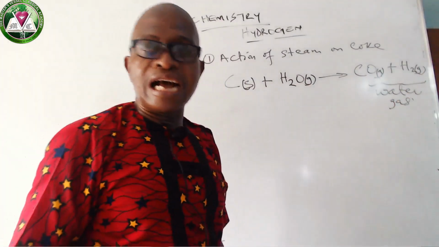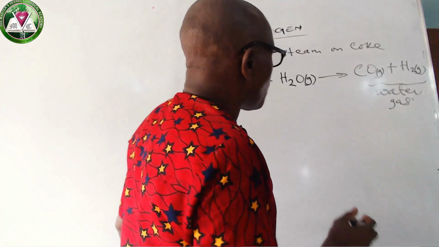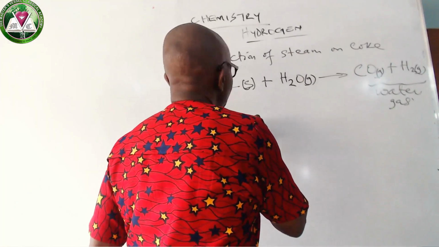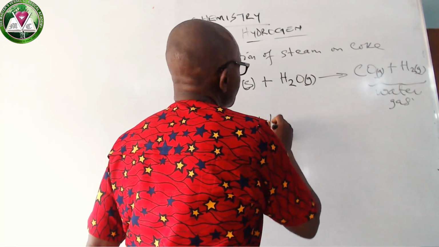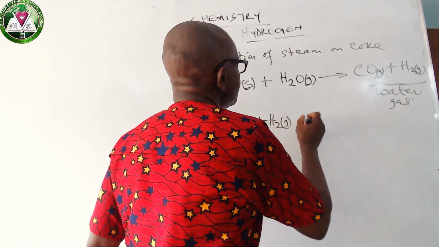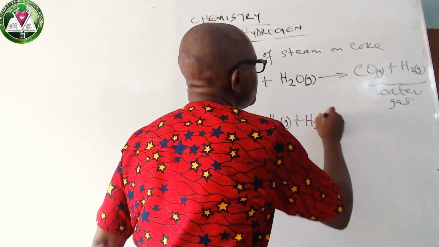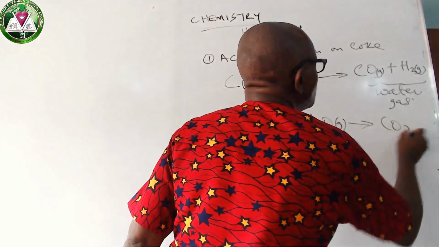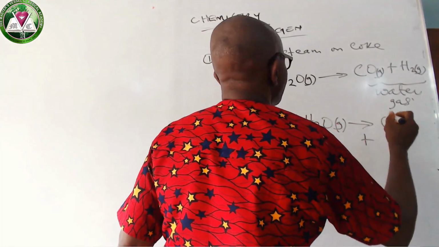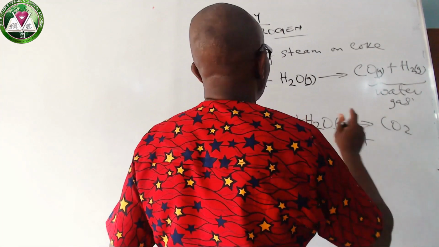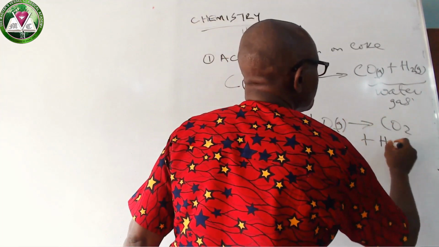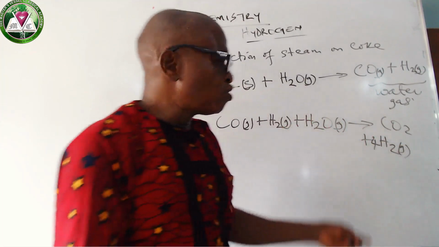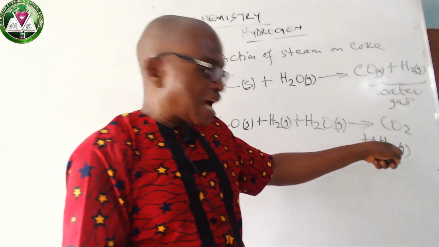Then what you will now do, this water gas, CO gas plus H2 gas, plus steam, that will give you CO2 plus H2. Well, you have produced your hydrogen gas.